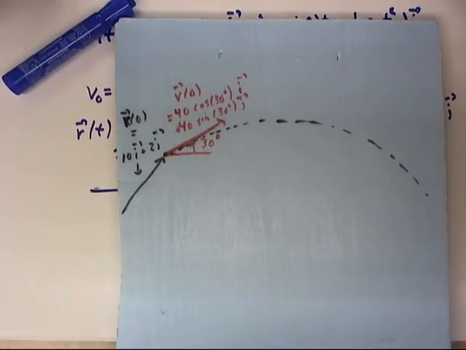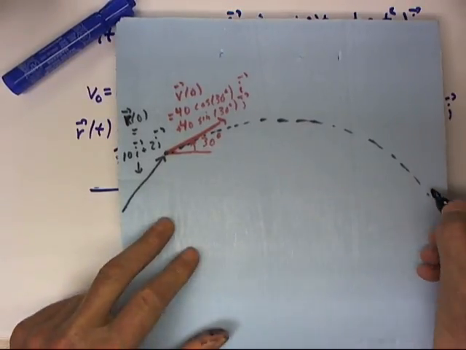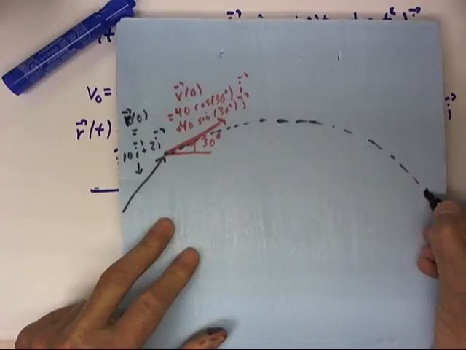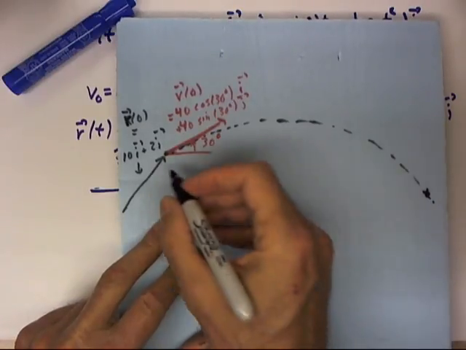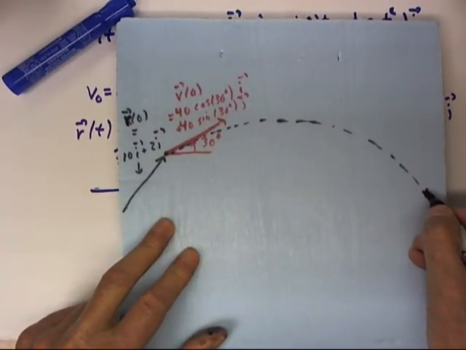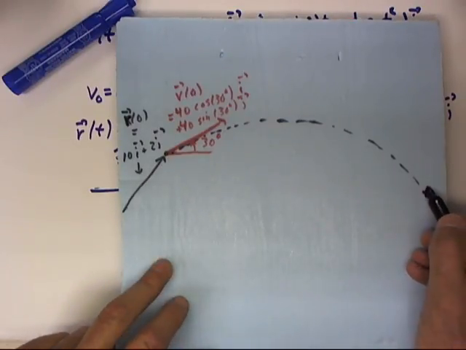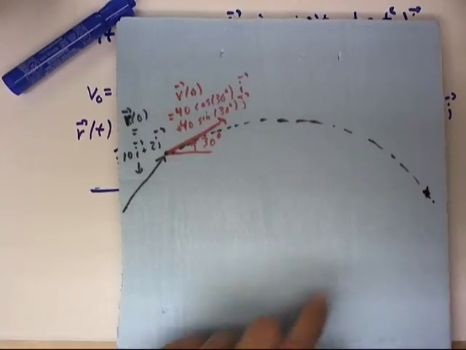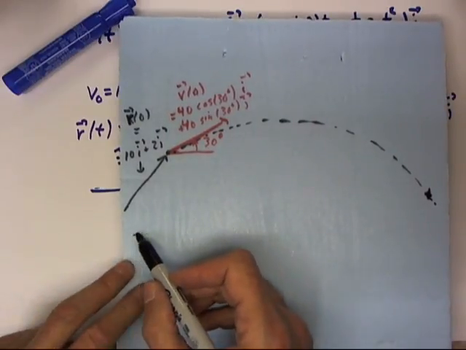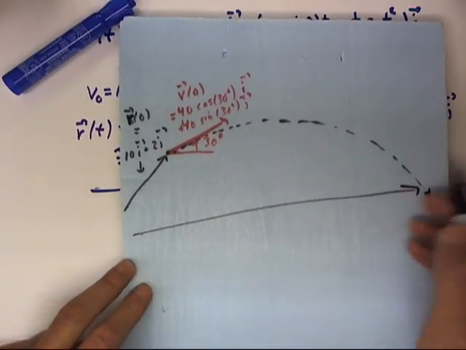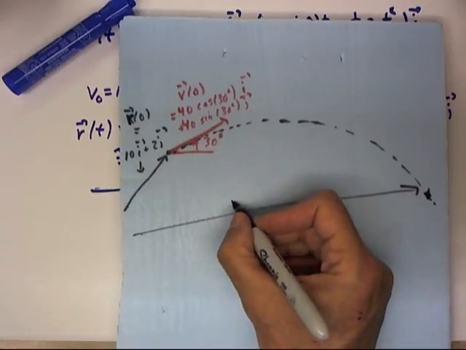I could estimate the coordinates of a point over here and the time it took to get here. I'm not going to actually do it, but let's just say it took 1.5 seconds to get here.